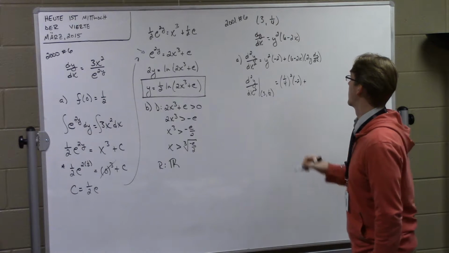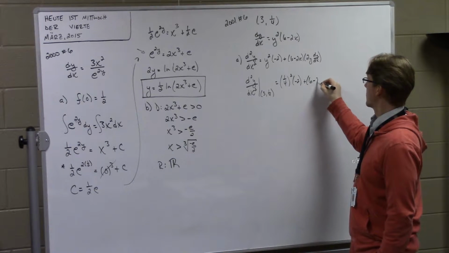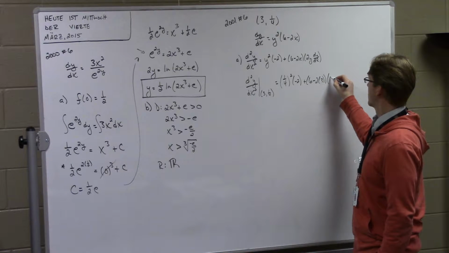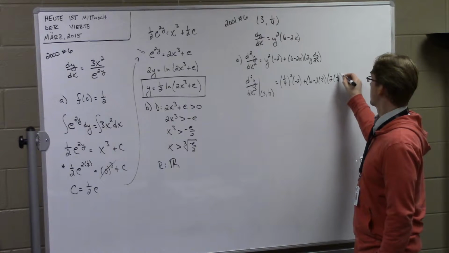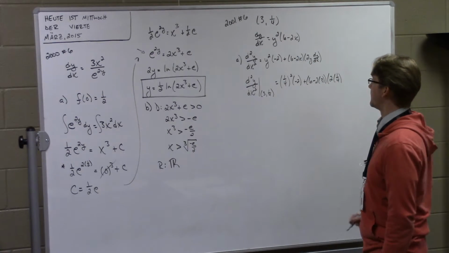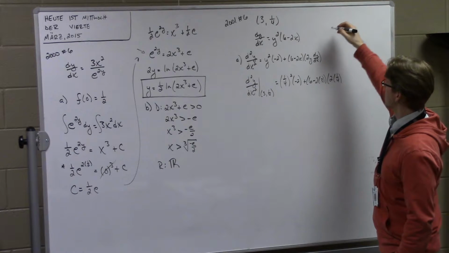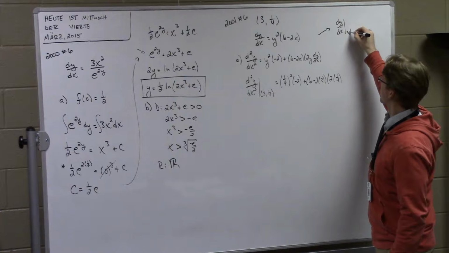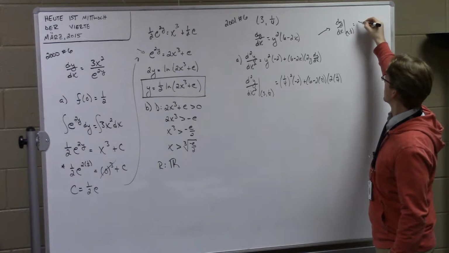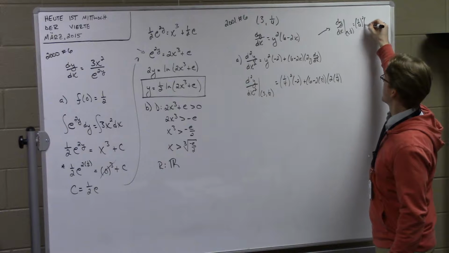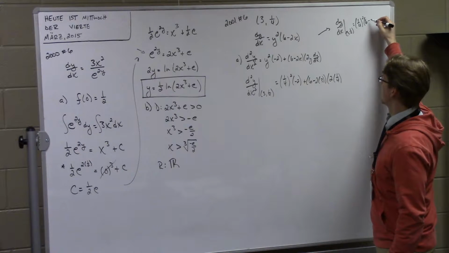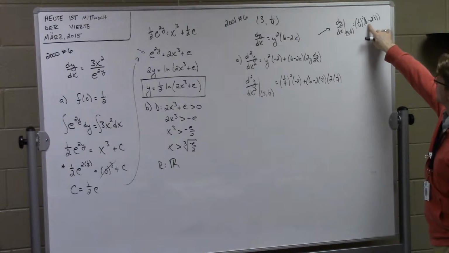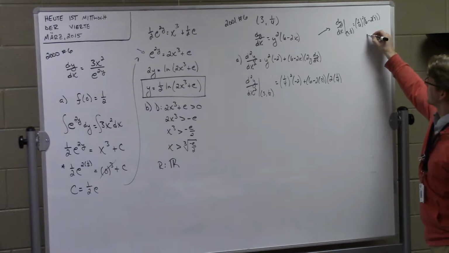Over here, dy/dx at the point (3, 1/4) is going to be 1/4 squared times (6 minus 2 times 3). 6 minus 6 is going to be 0, that gets knocked out.